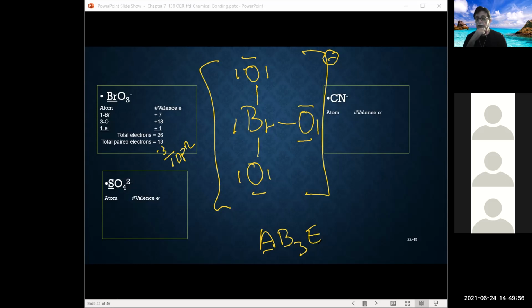Would it have a double bond? All right. Now, let me ask you this. Where would I put the double bond though? Because remember, I only have 13 pair to work with. So let's say I make a double bond right here.